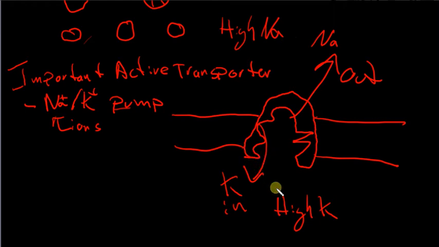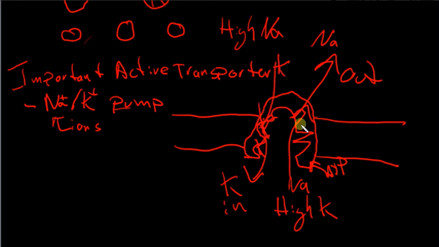So what's going to happen is potassium is going to come and bind onto this protein pump, and on will stick ATP, and it's going to change shape and push the potassium into your cell, and then take any sodium that's inside of your cell and move it out.